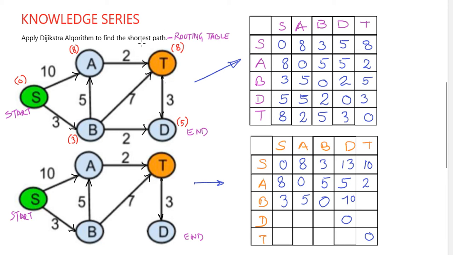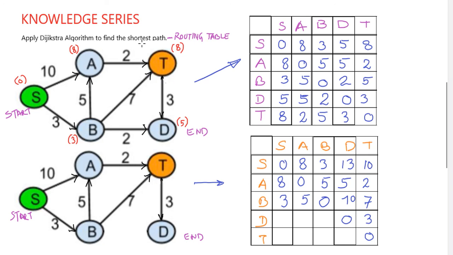And B to T is 7. Now if you consider D with respect to the others, D to D is 0, then D to T is 3.